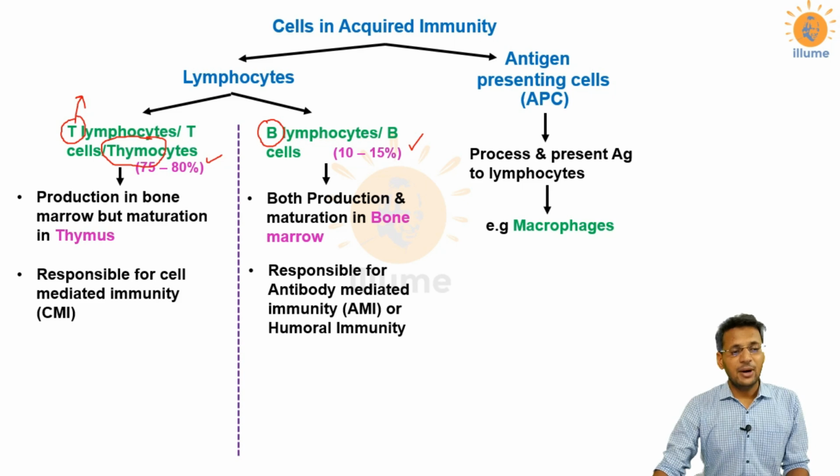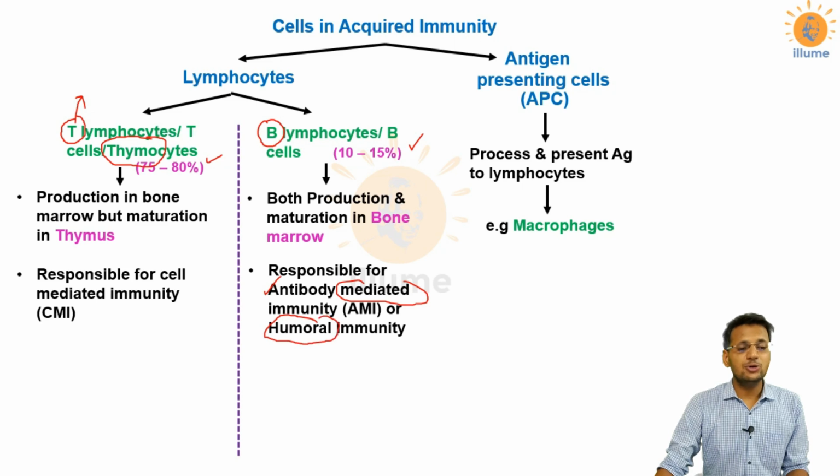But B lymphocytes perform the role of antibody-mediated immunity by producing antibodies. These antibodies are responsible for the immunity. So this is called antibody-mediated immunity, or humoral immunity.